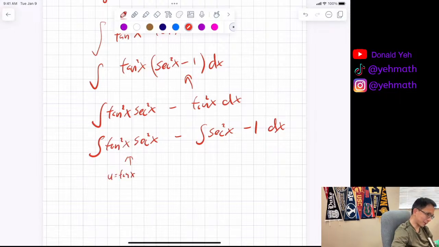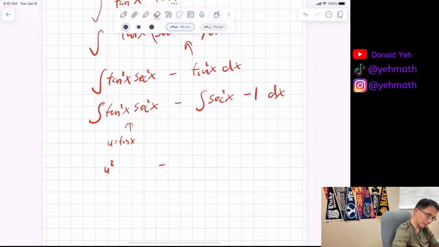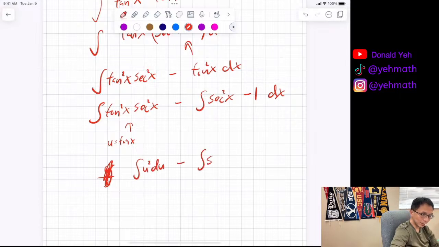It's really clean. I would tell you, this is really clean. So that is tangent of x. So that is going to be u squared du, right? Is that okay? And this one is going to be integration of secant square of x plus integration of 1 dx.